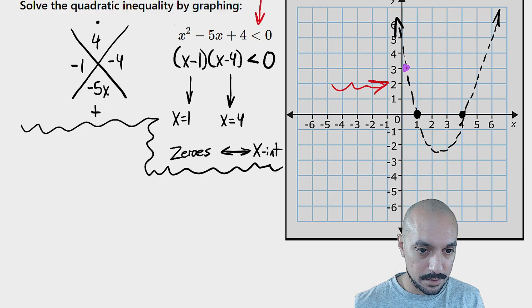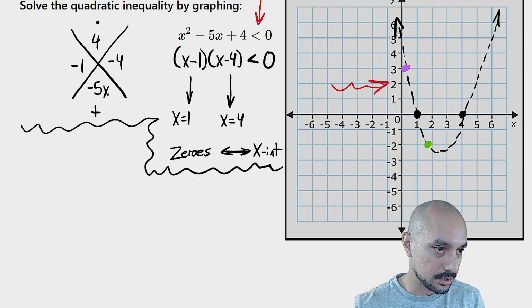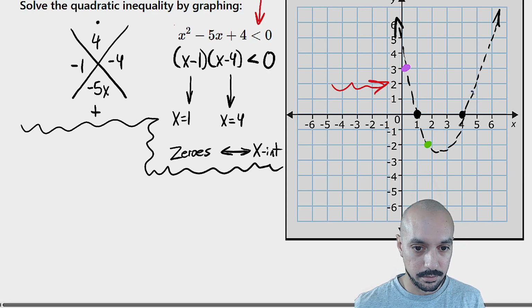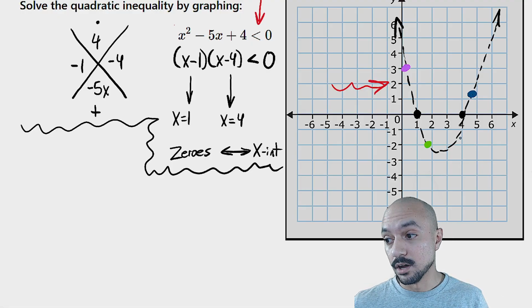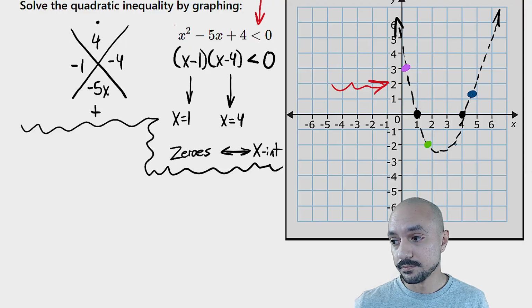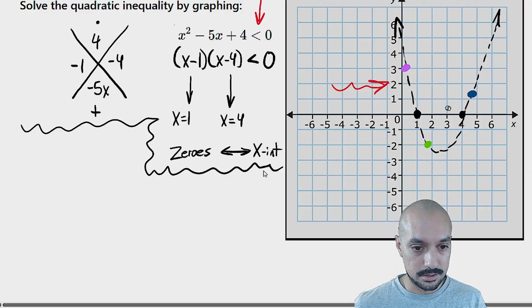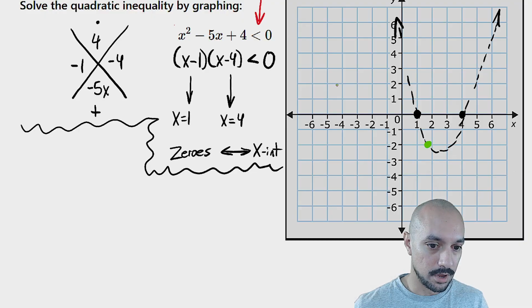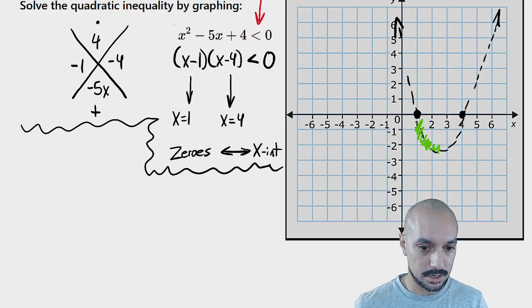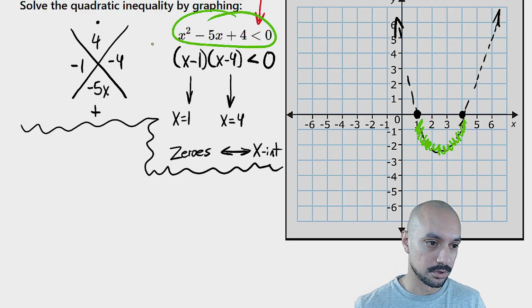If I put a dot here in purple, a dot here in green, and a dot right up here in blue, which of these colors has a y value of less than 0? Well, the only one that is less than 0 is the green. And so anything in this interval here is going to make my inequality true.